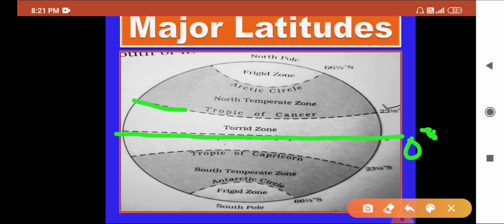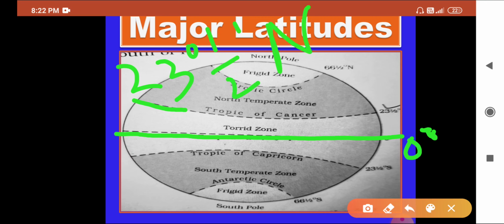On 21st June, which is called the longest day in the northern hemisphere, sun rays fall directly on this Tropic of Cancer. This is indicated as 23 degree and half. Here you can see 23 degree and half minute.